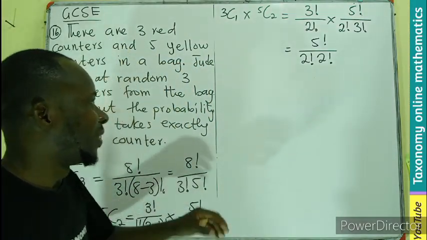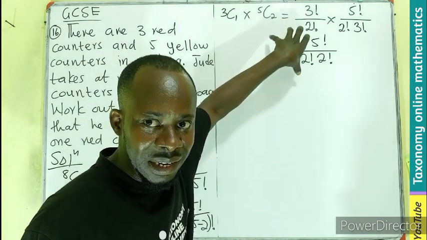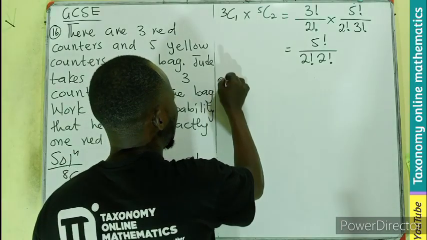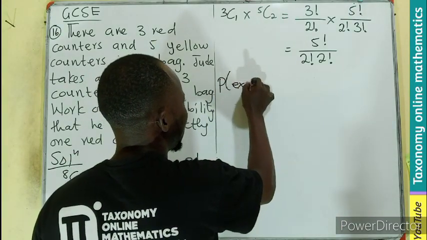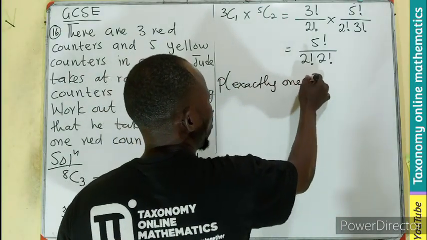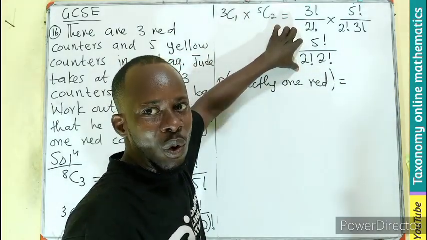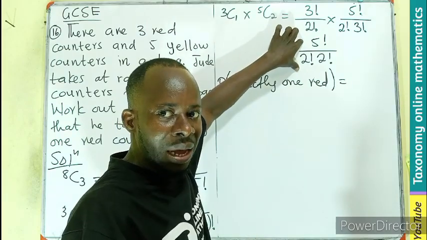Now, what are we doing? This is the selection of exactly one red, and this is the total selection. So the probability of selecting exactly one red will just be the selection over the total number.